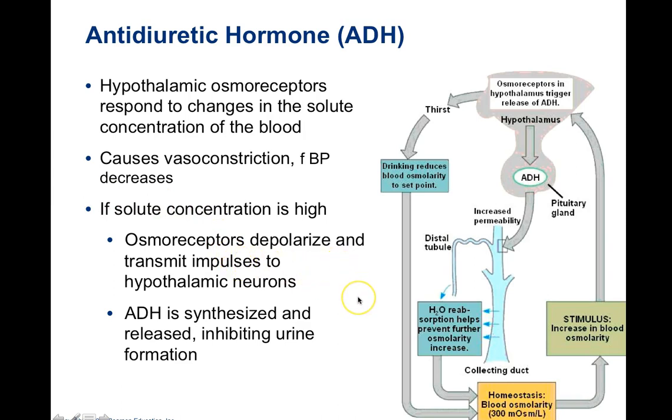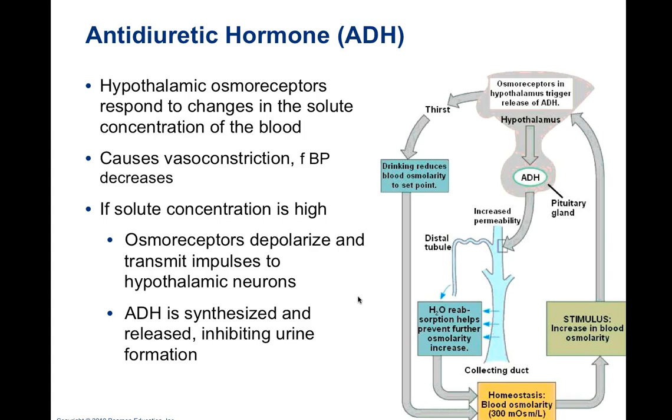Now let's talk about the antidiuretic hormone specifically. We have a specific homeostasis level of our blood osmolality. What that means is we are measuring concentration of chemical particles that are found within our blood. So when our osmolality is going to increase, we are dehydrated, and it will decrease when we are overhydrated.